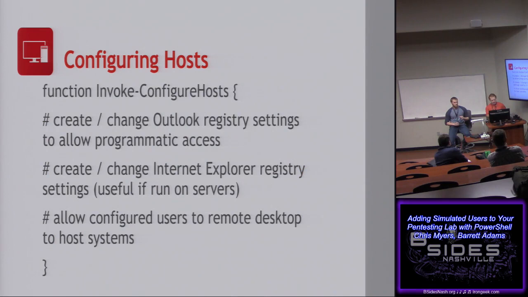I just mentioned the Outlook key, and it's also setting an Internet Explorer one, which gets rid of the default prompt the first time you open Internet Explorer, asking whether you'd like to configure it this way or that, or be bothered later. That one gets rid of that so that it can actually browse websites.